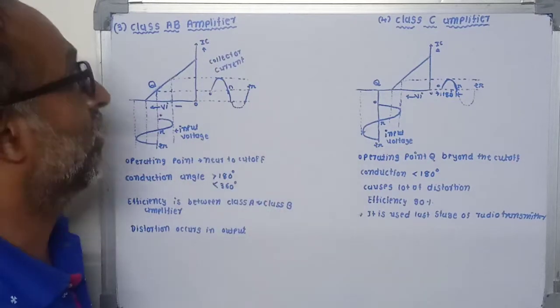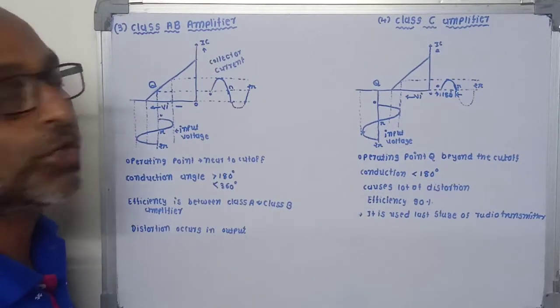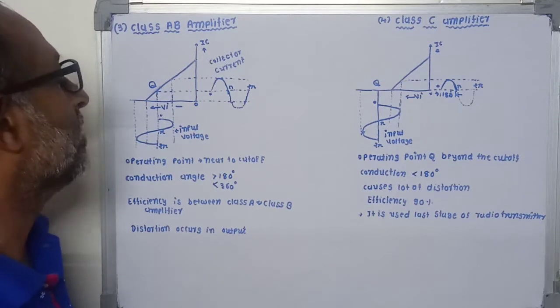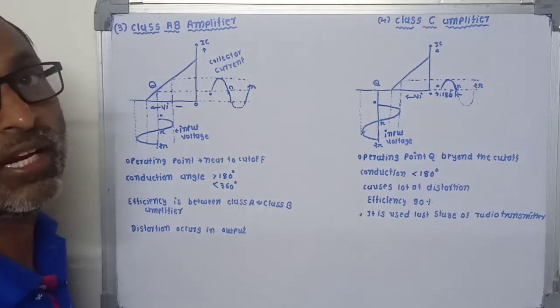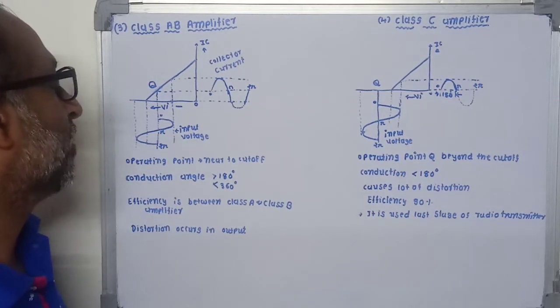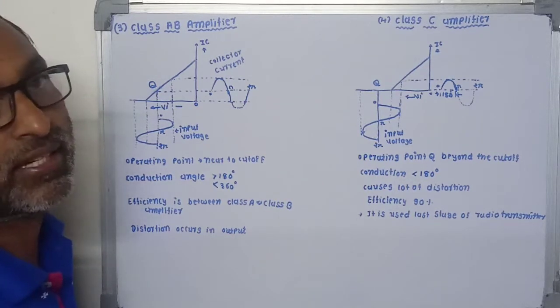Class AB amplifier. In a class AB amplifier, the operating point Q of the transistor is kept nearer to cutoff. So the collector current flows for greater than 180 degree and less than 360 degree.